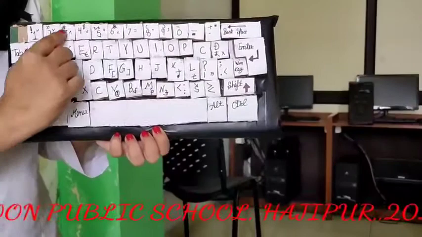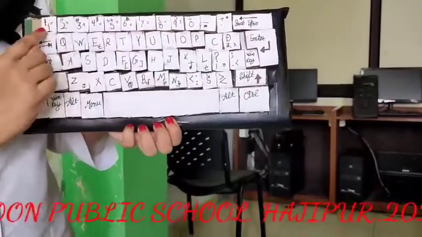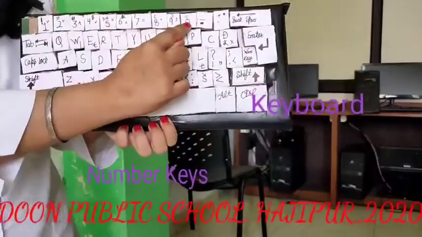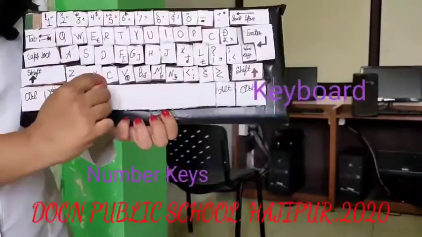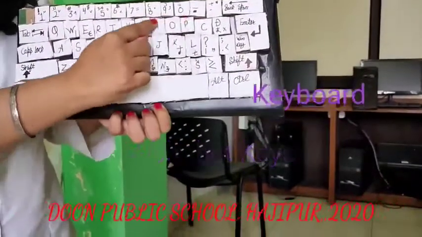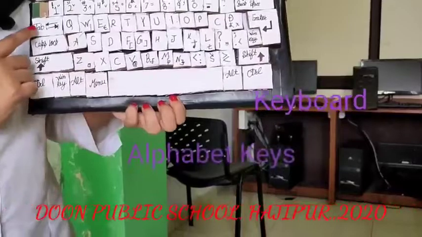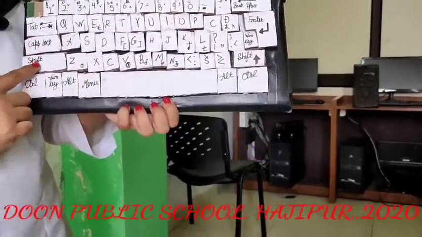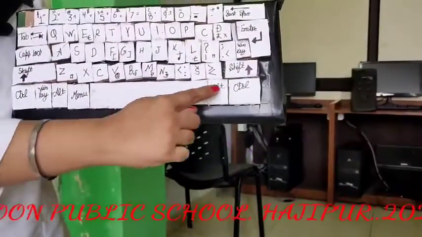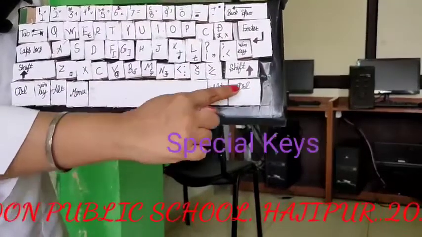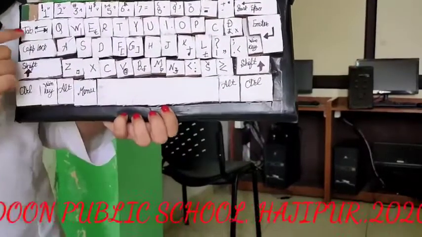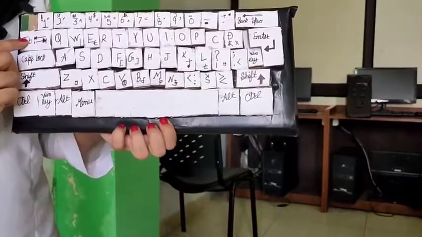So beta, these are the number keys from 1 to 0. These are alphabet keys, tab, caps lock, shift, space bar, control, alt. These all are special keys.